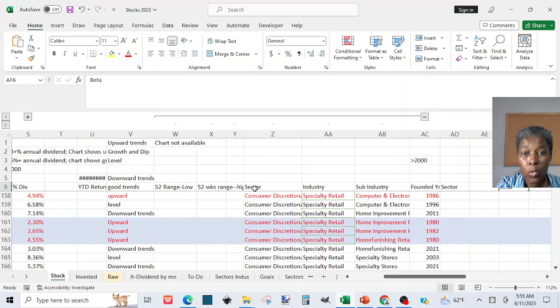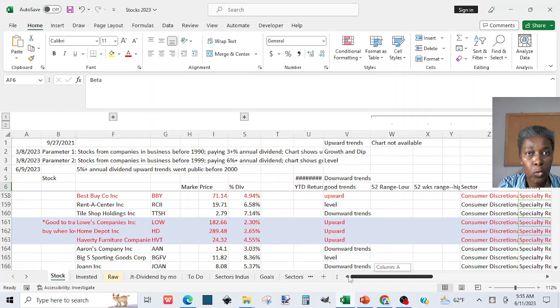The reason it's good to have the sector, industry, and sub-industry is so that when you are investing in those stocks, you can look at the stocks you invest in to see how diversified you are. If you have a variety of industries in your portfolio, it might be good to track that from the beginning.